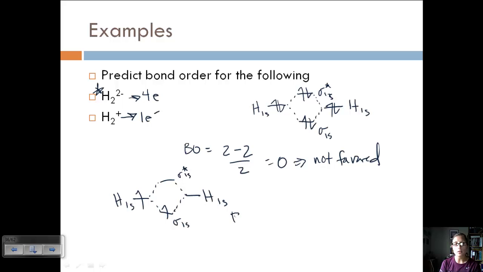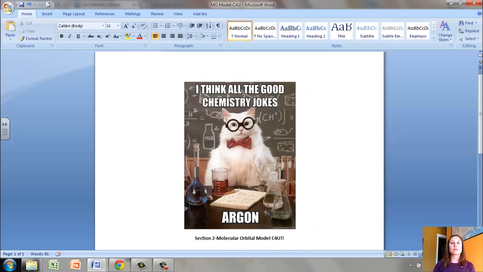So bond order here is 1 bonded electron minus no antibonded electrons over 2, and that gives us a bond order of 0.5. So this molecule is favored, but not very much. We're still going to have separate hydrogen atoms, but H2+ could be seen.